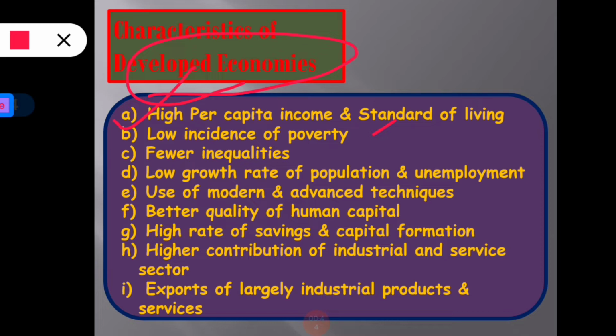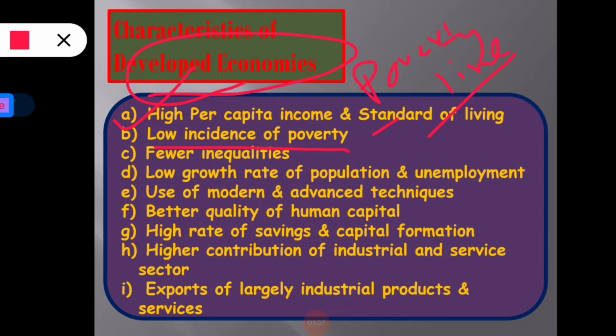Now going to the next one, that is low incidence of poverty. So there is no or minimum level of poverty because all people live above the poverty line. But what do you mean by a poverty line?